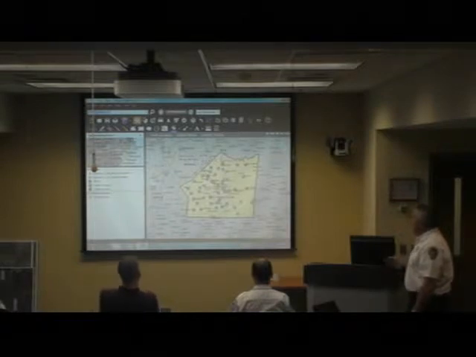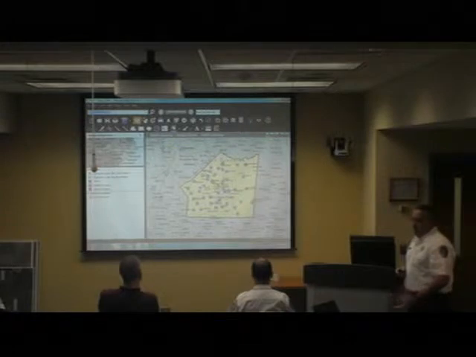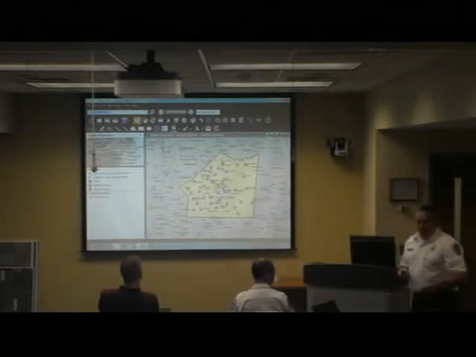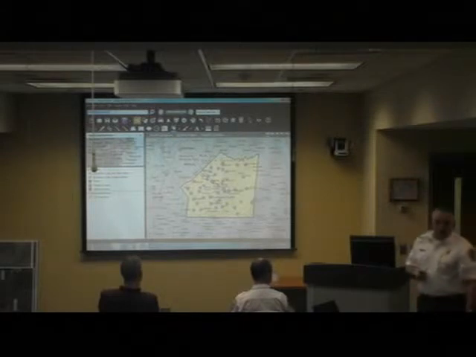The reason why I place this up there is for this model to work. What we talked about when we first developed the committee is that we had several concerns that we wanted to address.